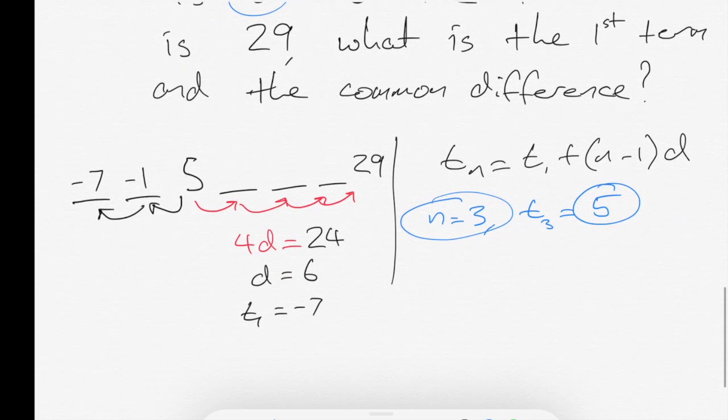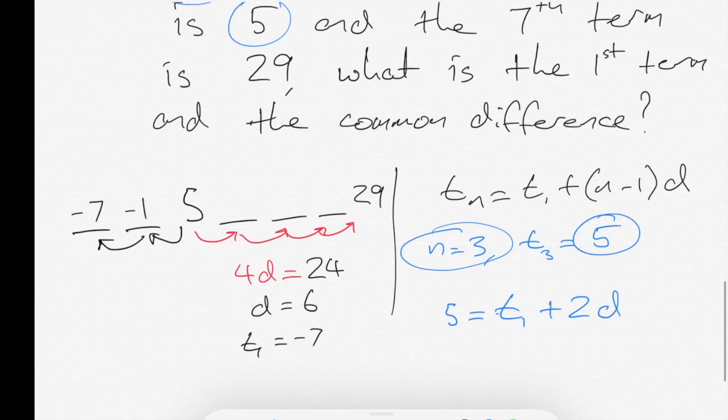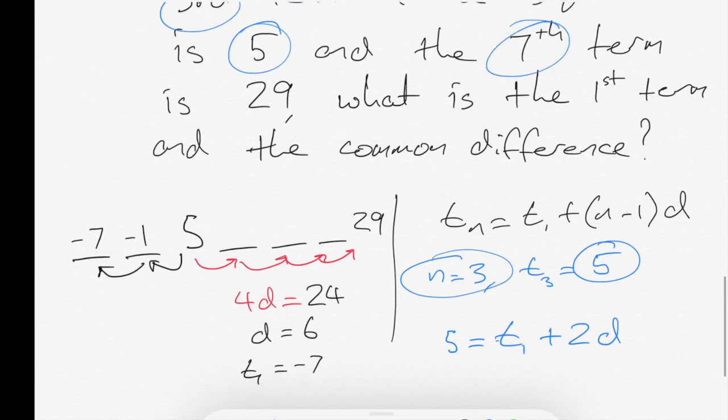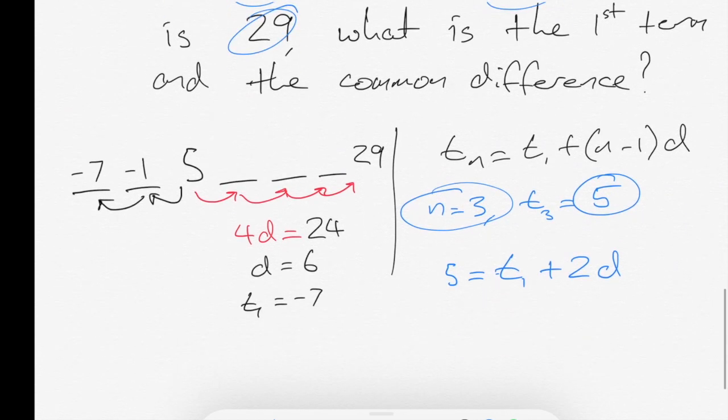Subbing those values in gives me 5 is equal to t1 plus n minus 1, which is 2, lots of d. And doing that again, telling me that the seventh term is 29, I can say that 29 is equal to t1 plus 6d. I've got two equations.